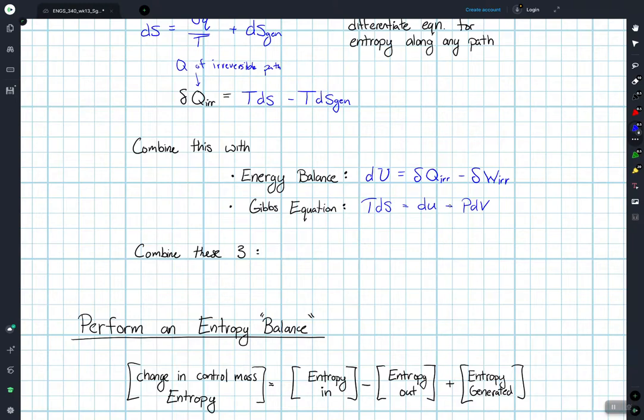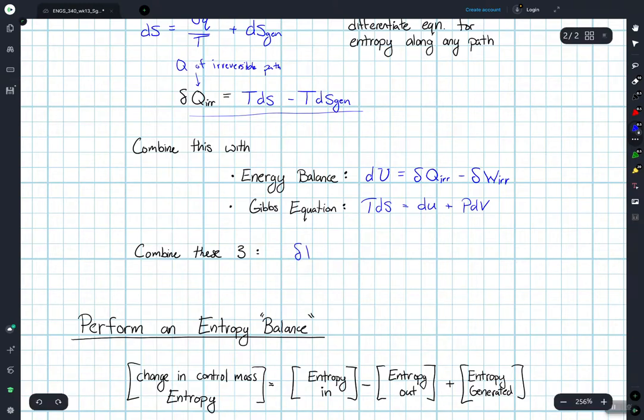Sorry, plus PdV. So TdS equals dU plus PdV. Remember, that's just kind of an energy balance in disguise, an energy balance along a reversible path in disguise. We can combine these three equations, so this top one up here with our energy balance and our Gibbs equation, to learn a little bit more about work.